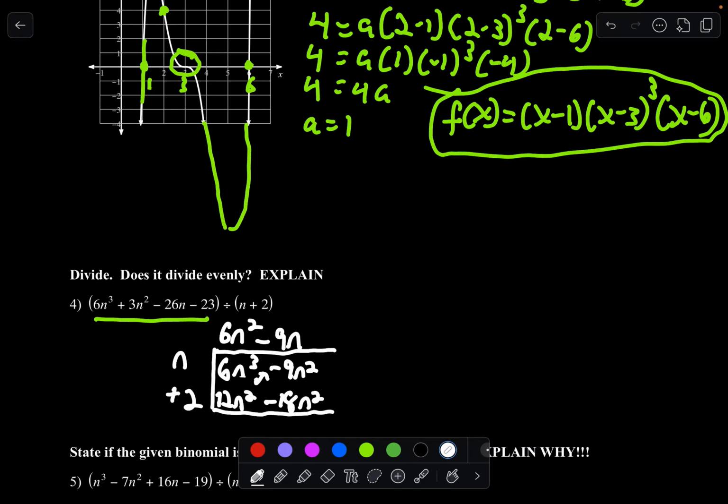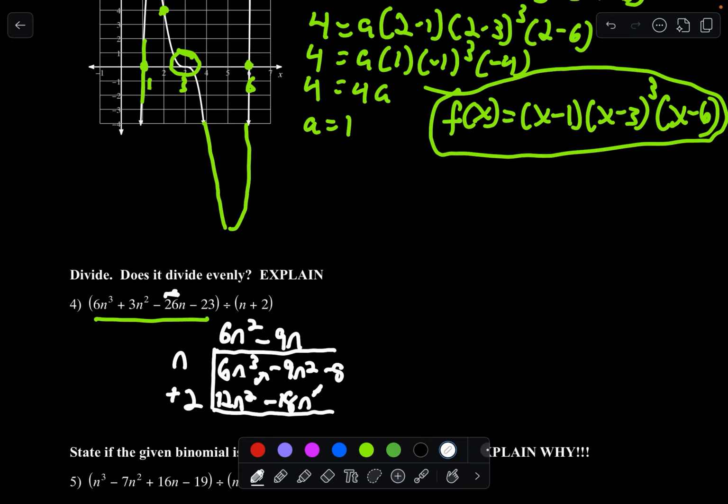All right? So now, what needs to be here is that the sum of, I'm sorry, not n squared, that was negative 18n. So this sum here has to be equal to negative 26. So what do we add to negative 18 to get to negative 26?